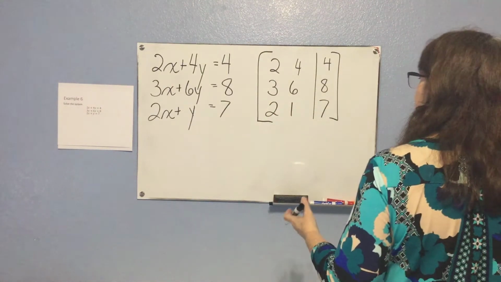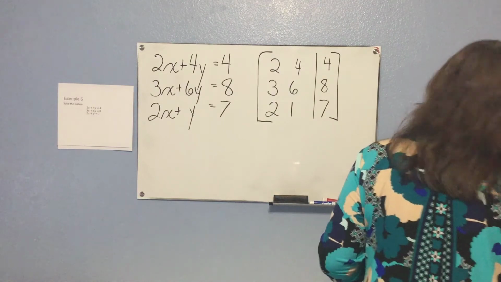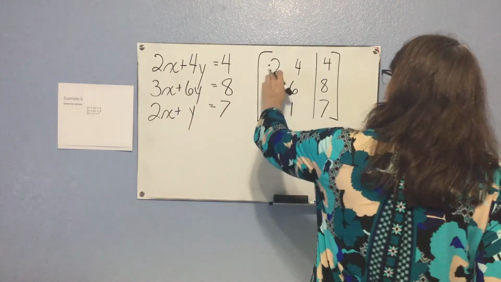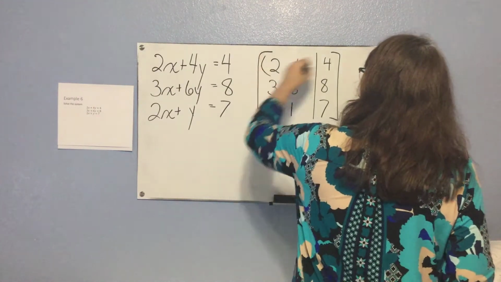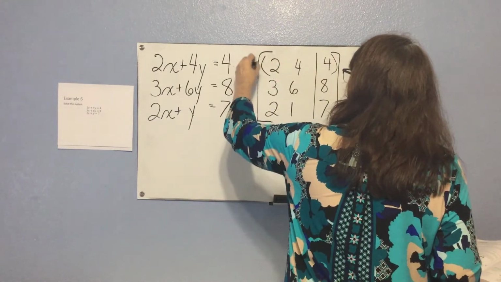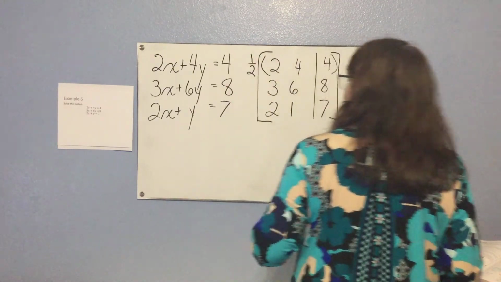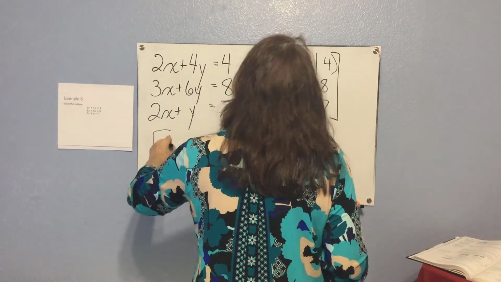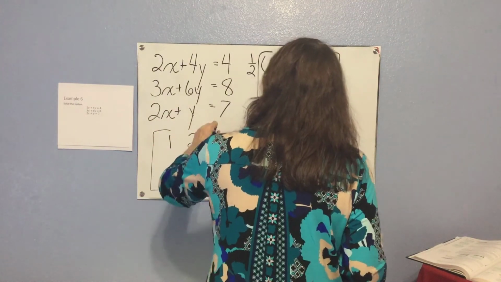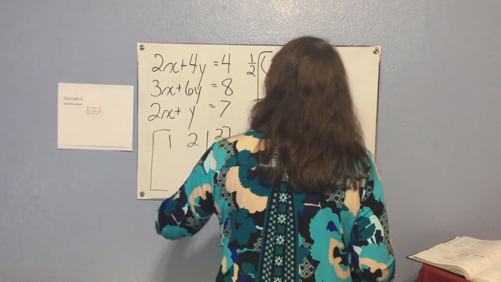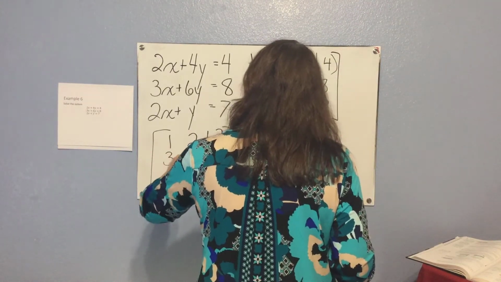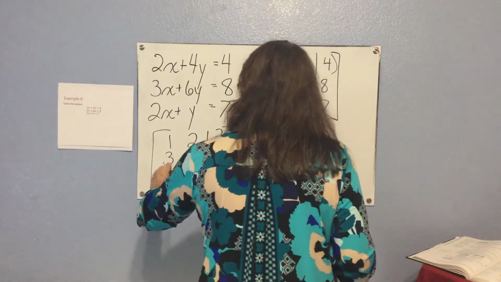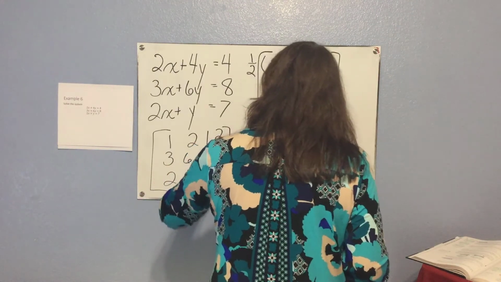And now we're going to proceed as we have in the past. I'm going to start by dividing this row by 2 or multiplying by 1/2. So now I have 1, 2, and 2, 3, 6, and 8, 2, 1, and 7.